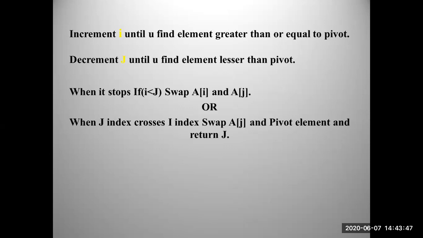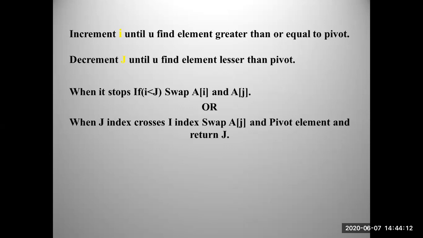Why? Because whenever you partition into two halves, the left side will have elements lesser than your pivot element. That's why you keep on incrementing i until you find an element that is larger than or equal to the pivot. Whenever you find it, you stop. Next, you go with j. j will be pointing to the last element, high.